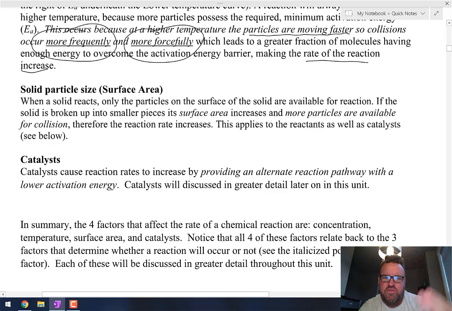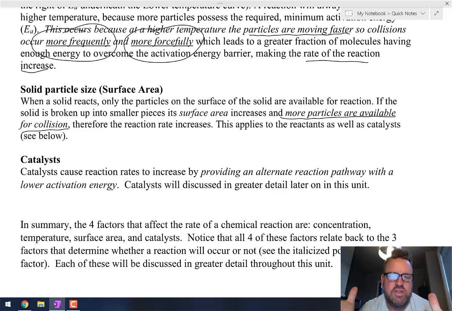The greater the surface area, the faster that reaction is going to go. And why? Because more particles are available for collision. So the greater the surface area, the more particles available for a collision, the faster the reaction is going to go. And we see that. I mean, even when you take ice, for example.